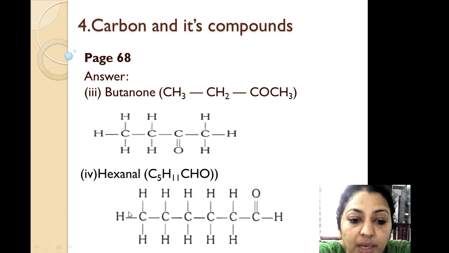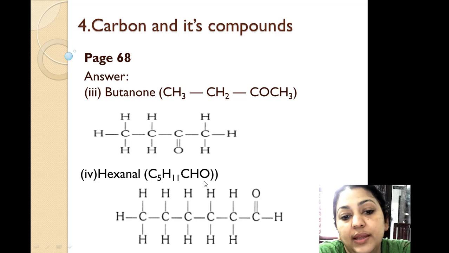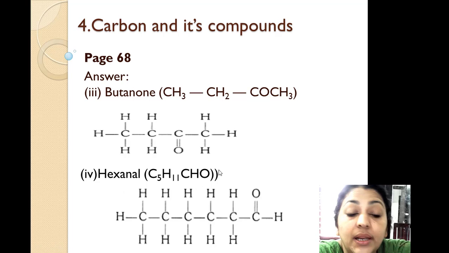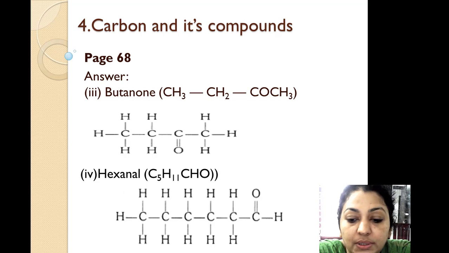Our molecular formula is C5H11CHO, or you can add these carbons and write it like C6H12O. In some question papers, it comes like that, where all the similar atoms are added together and shown. Hope you understood.